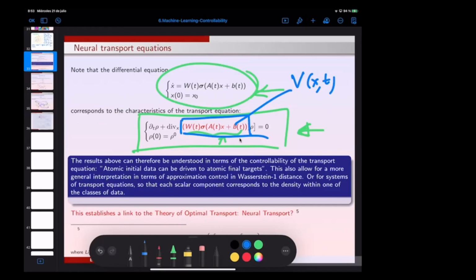So the velocity fields I use are simply the multiplication of W(t) times the sigmoid applied to A(t)x plus b(t). This is why we call it neural transport, because we perform the transport of mass using neural velocity fields.